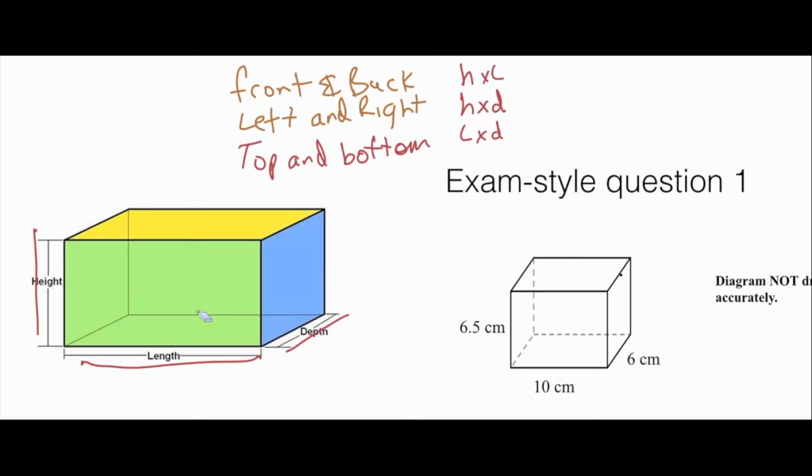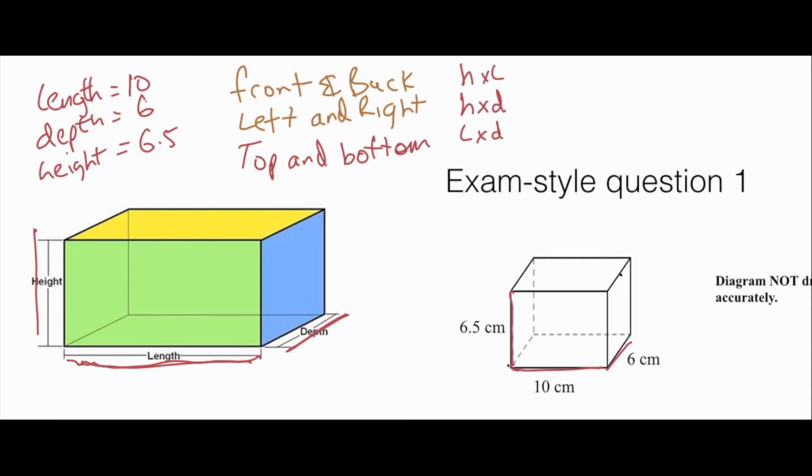So on this shape, the length is always going to equal 10, my depth is always going to equal 6, and my height is always going to equal 6.5. It's going to equal this measurement here.